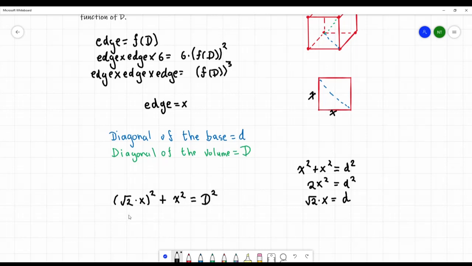So let's solve for this. This is going to be 2x squared plus x squared is equal to d squared.